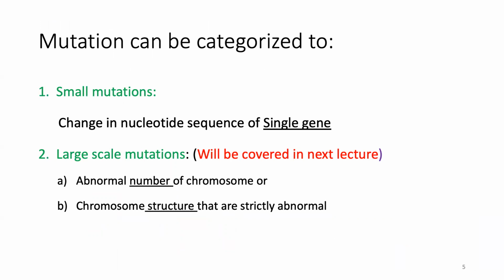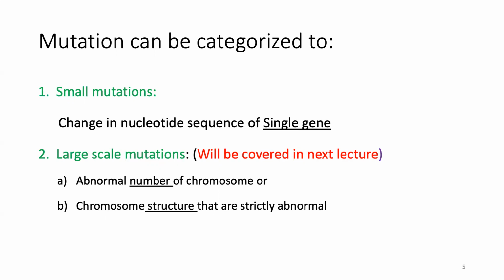So whenever we talk about mutation, it can be categorized to small mutation and large mutation. Small mutation, change in nucleotide sequence of single gene. So in the small mutation, we are talking about mutation at the level of gene, not chromosome, not entire genome. While in the large-scale mutation, we are talking about these changes at the level of chromosome.